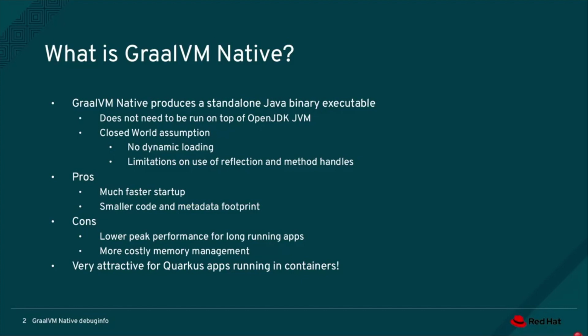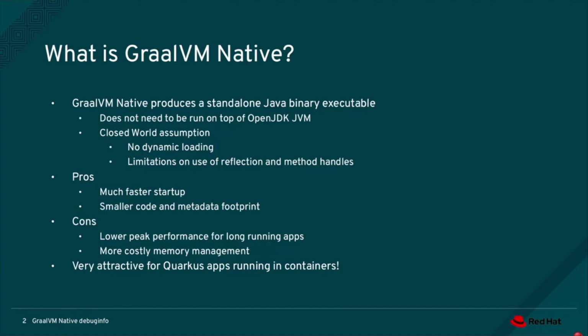But in many cases, programs do satisfy a closed world assumption, including programs that use a lot of the standard enterprise libraries. In cases where it's not automatically deducible what the target of reflection or method handle operations are, or what classes might be loaded, it's possible for you to configure the build for GraalVM native to make it clear exactly which classes will be found, and in consequence close the world of the application to allow a standalone binary to be created.